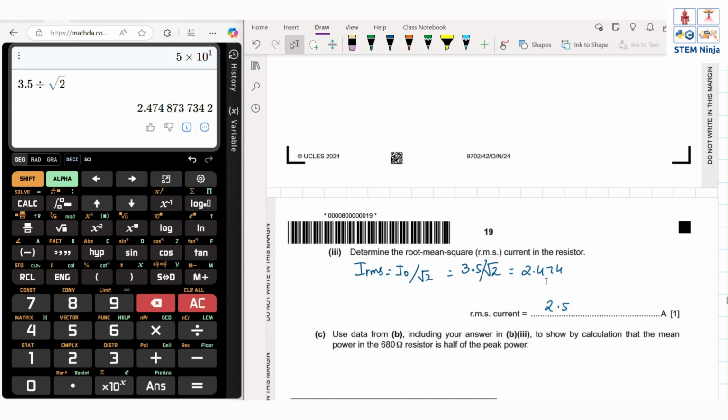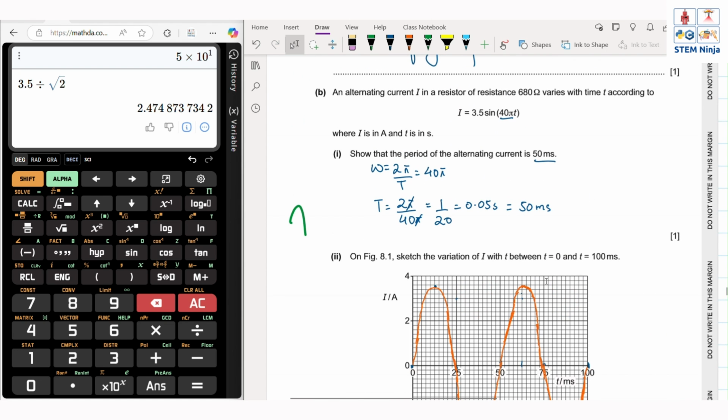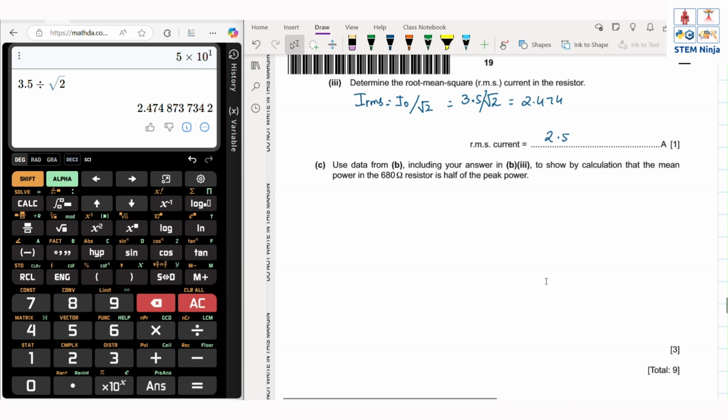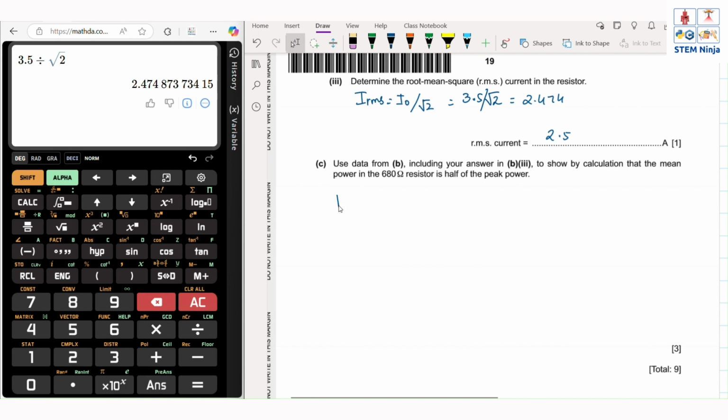Use the data from B, and your answer in B3 to show by calculation the mean power in 680 ohm resistor is half of the peak power. Okay, so peak power P naught comes from I naught squared times R, which is basically 3.5 squared times 680 ohms.